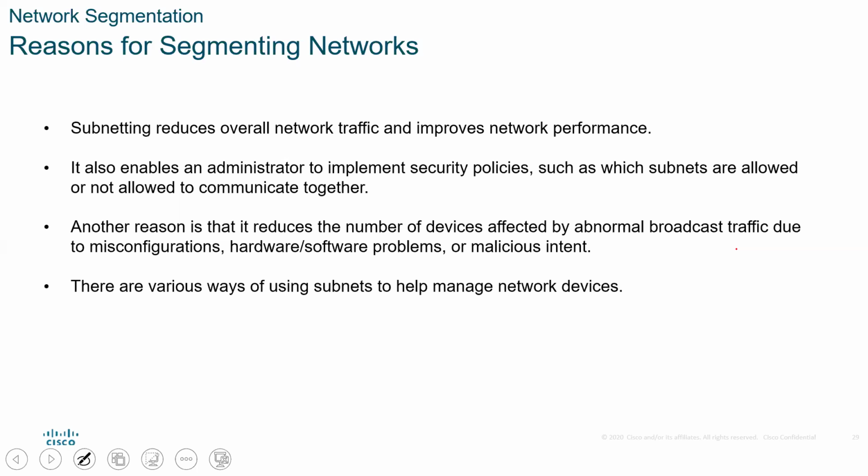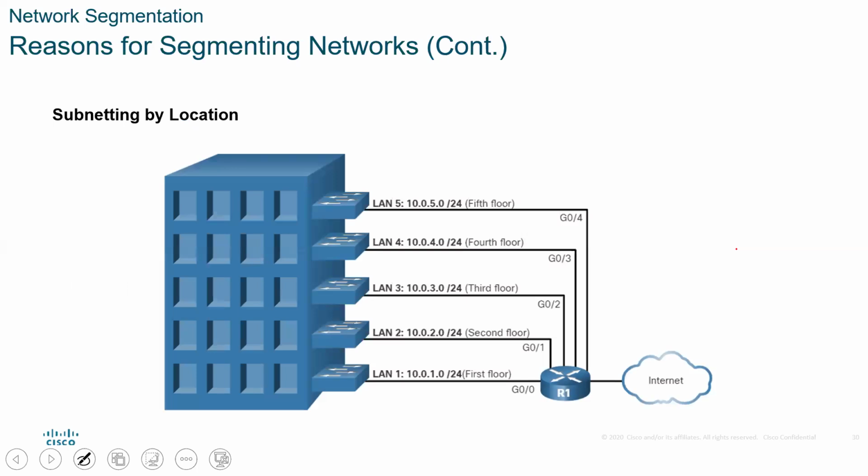So there are also various ways of using subnets to help network devices. If I have a particular company, or in my organization, I have different floors, maybe floor 1, 2, 3, 4, 5. With these particular floors, I can decide to segment them with different subnets.